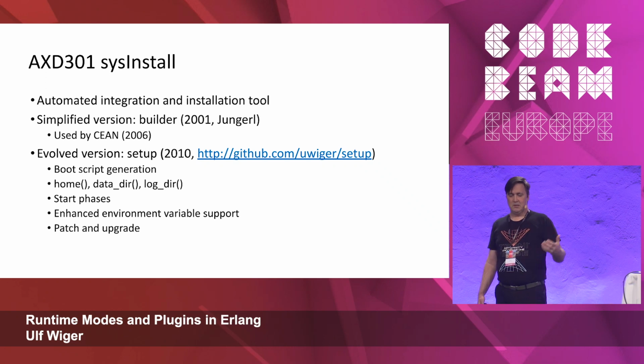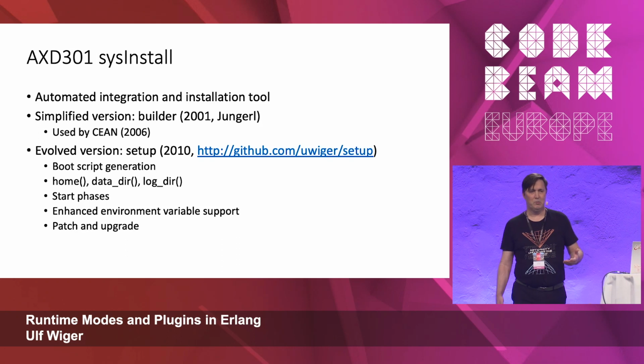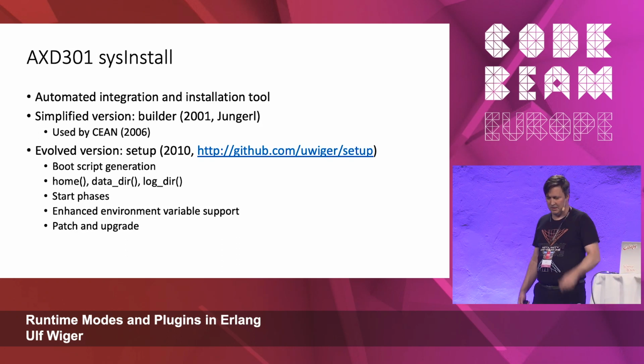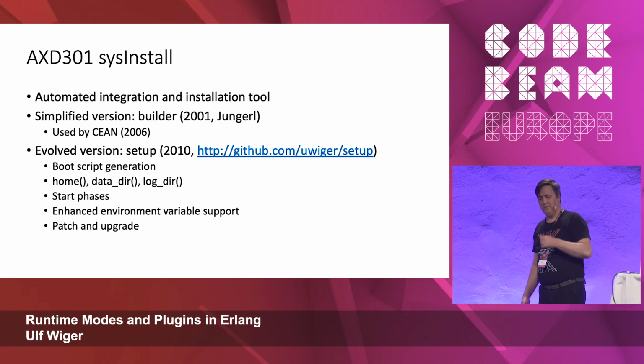It also had the installation support and boot script generation. Maybe nowadays that's not so interesting to talk about because it's a solved problem through, as I said, RelX, for example. But it also had some other things that we copied from AXD 301.